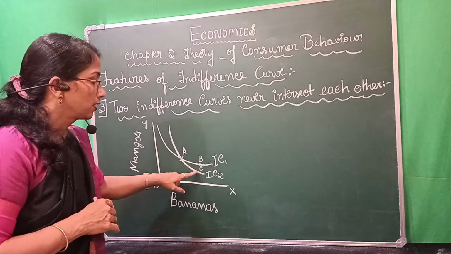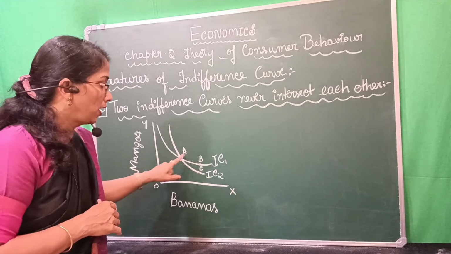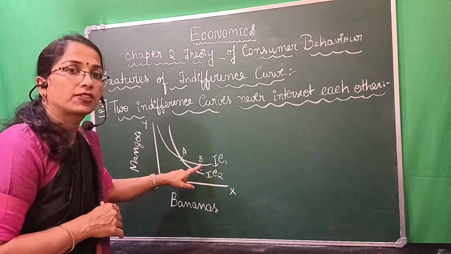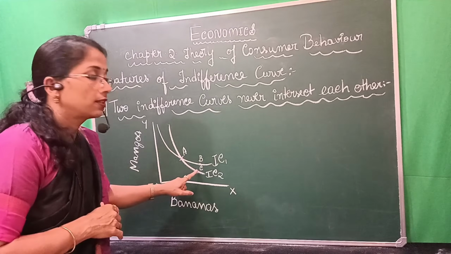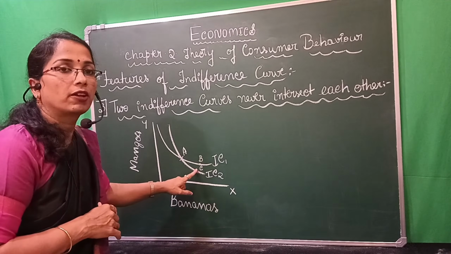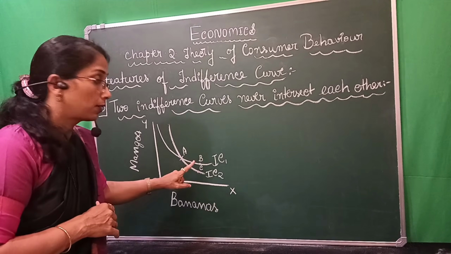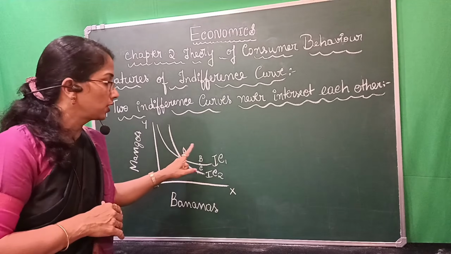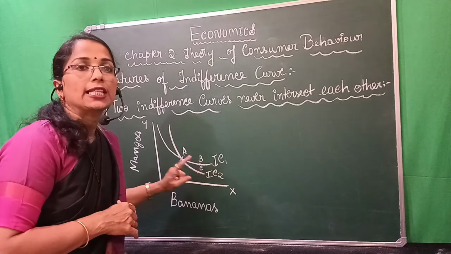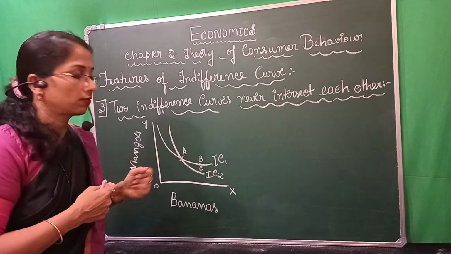It means here A and B are giving the same level of satisfaction on IC1. On IC2, A and C are giving the same level of satisfaction. That means point A is giving the same level of satisfaction as that of B and C. But it is not correct. Why?